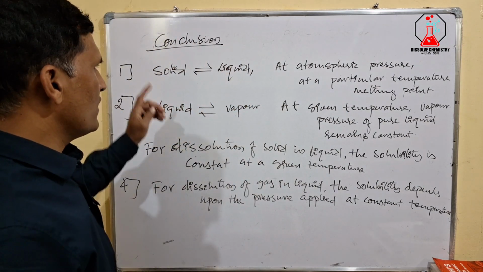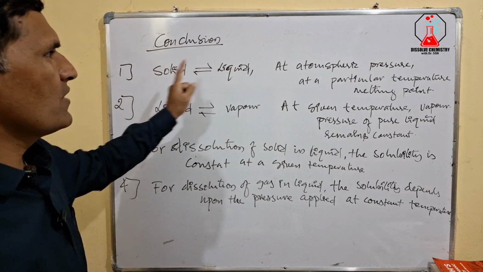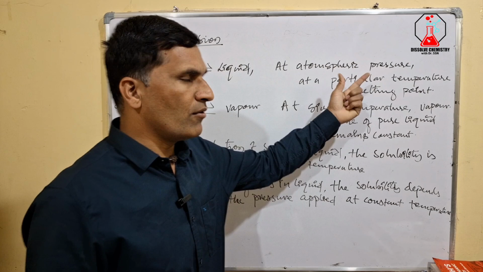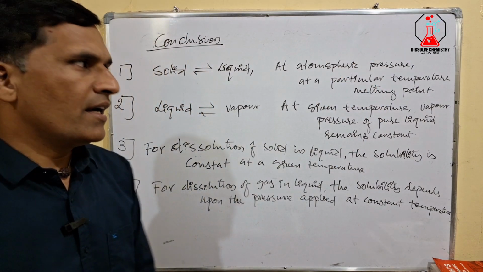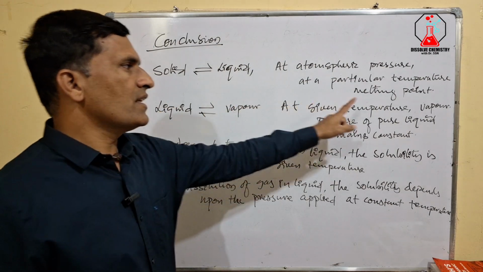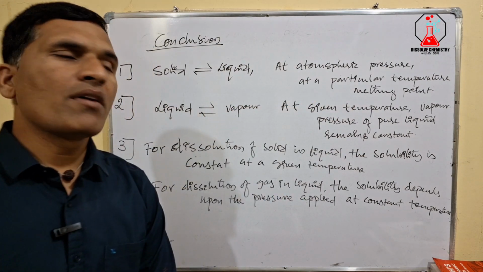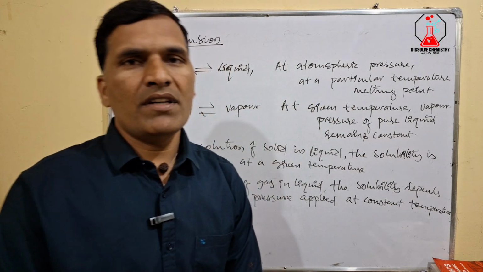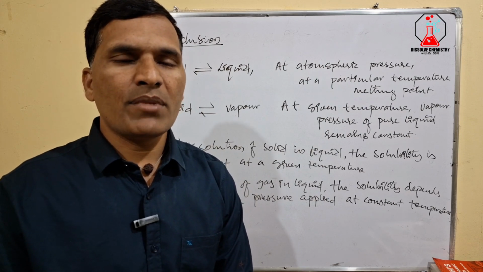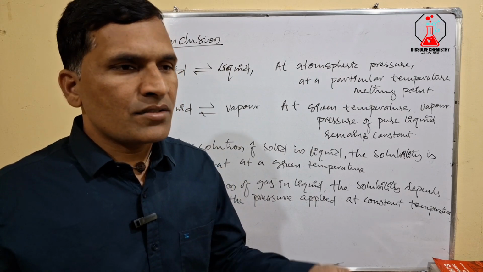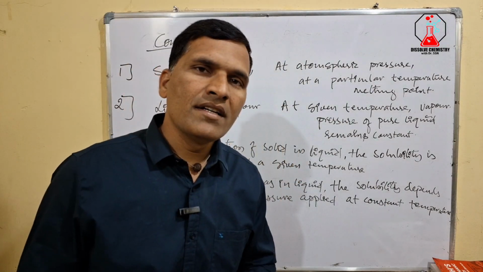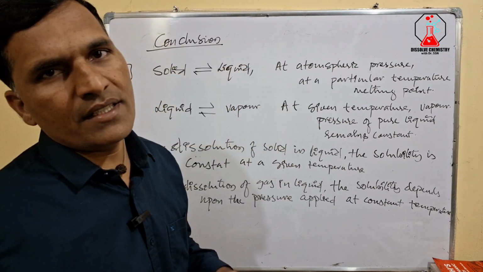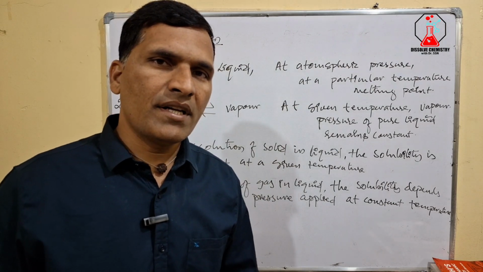Always remember the equilibrium between solid and liquid occurs only at a particular temperature at atmospheric pressure, and at a given temperature the vapor pressure of the pure liquid always remains constant. For dissolution of solid in liquid, solubility is constant at a given temperature.